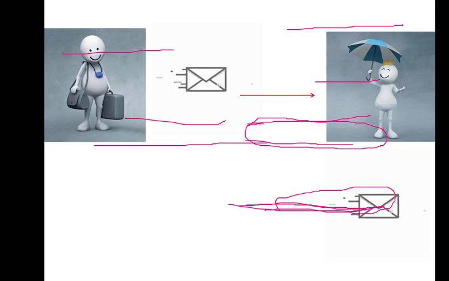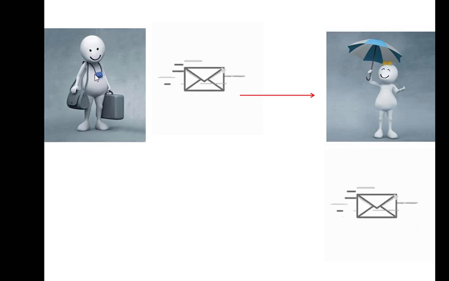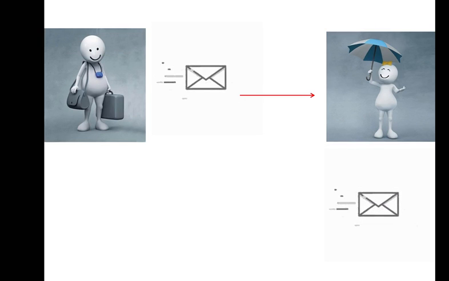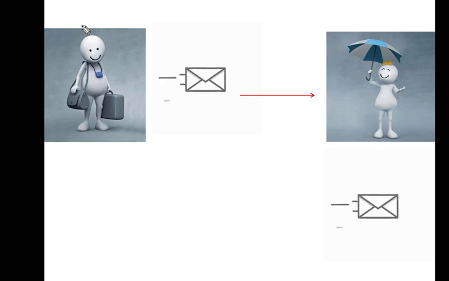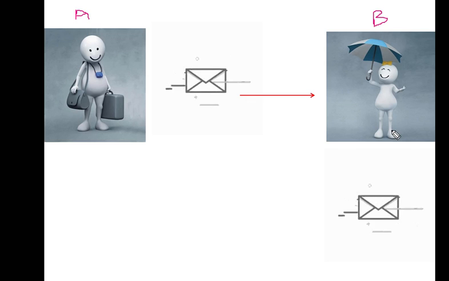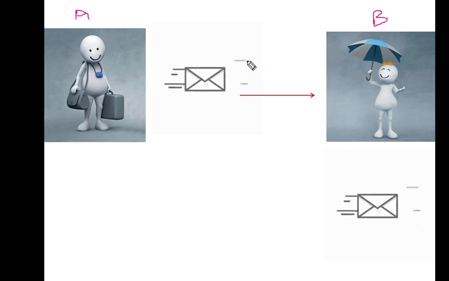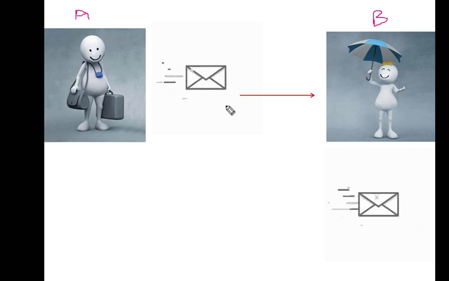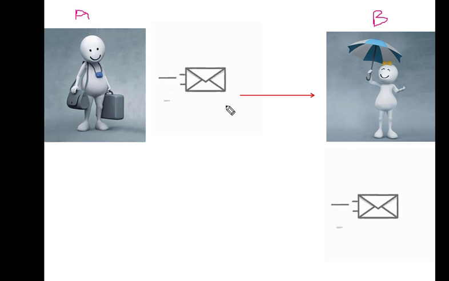For example, if sender A wants to send a message to receiver B, in between, that message should not be changed or altered.